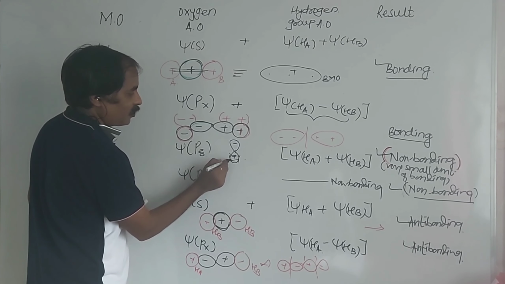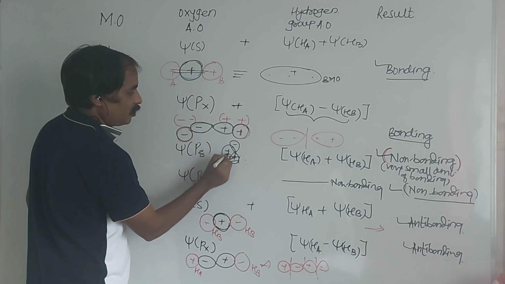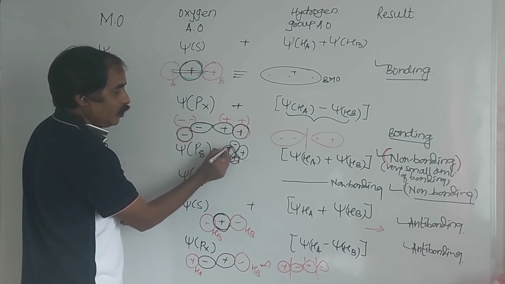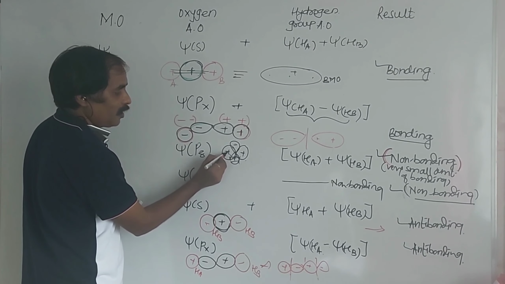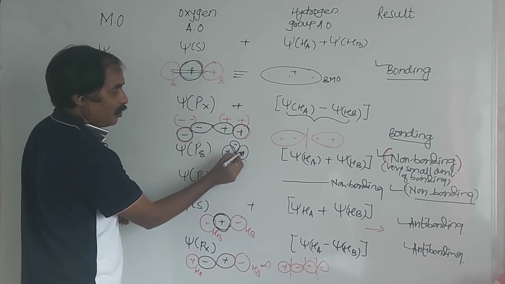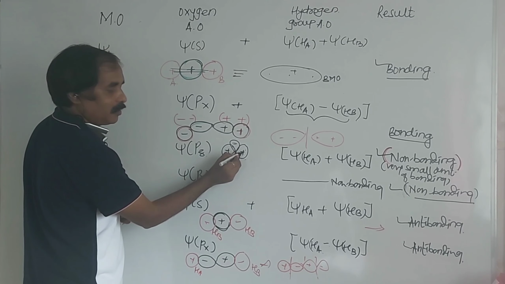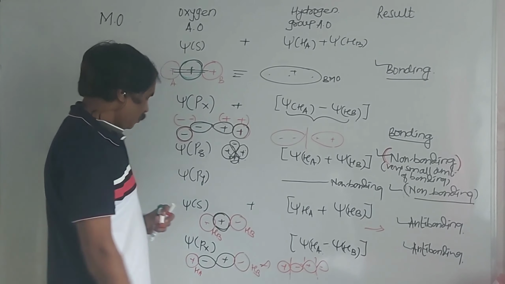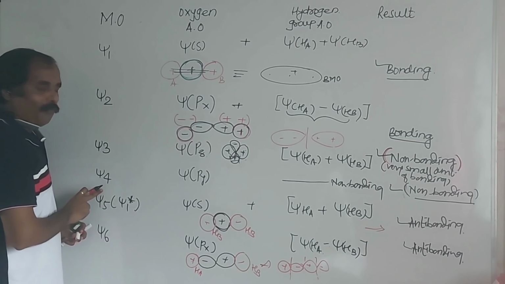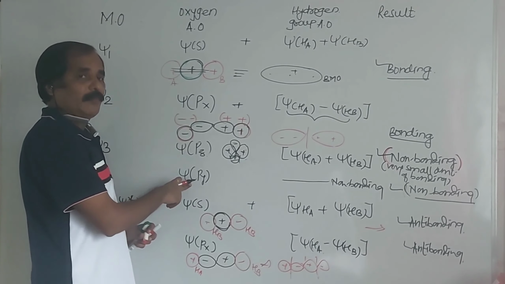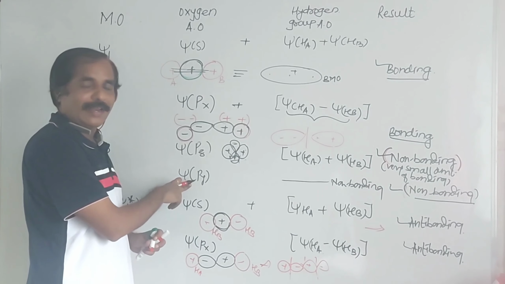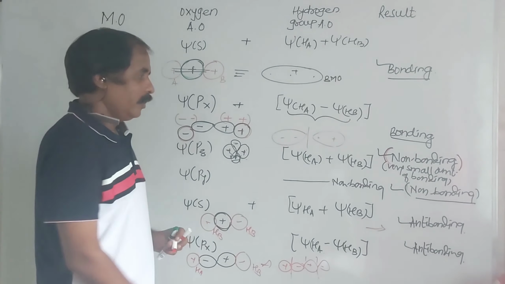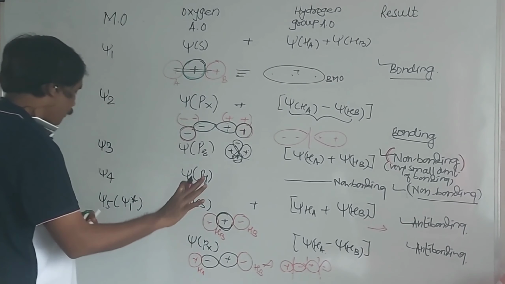This is the pz of oxygen, this is hydrogen, this is another hydrogen. Positive addition, positive negative subtraction. So addition is neutralized by subtraction, and a non-bonding orbital forms. Then about the fourth, this py is exactly perpendicular to the internuclear axis, so it remains as it is. It gives only a non-bonding molecular orbital.